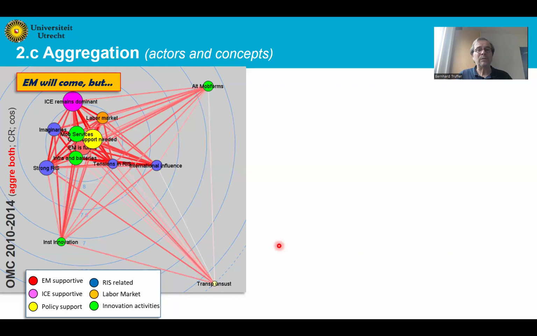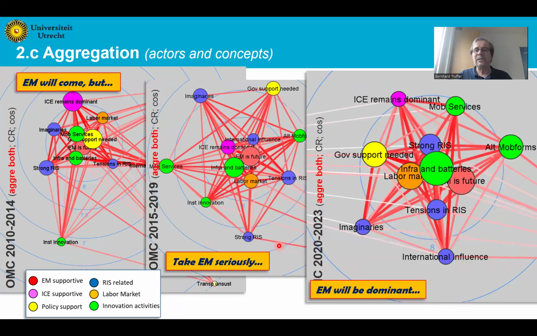So if you do both together, you get something like this, which is again very similar to the concepts only aggregated, and you see again the same patterns. So what is the best level of aggregation? Again, it depends on your specific requirements, your research question. What do you want to see?